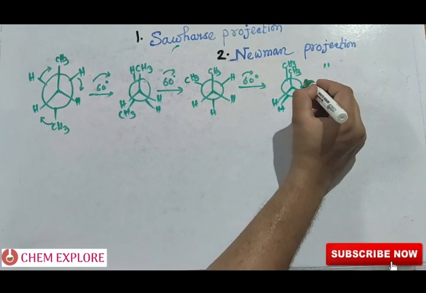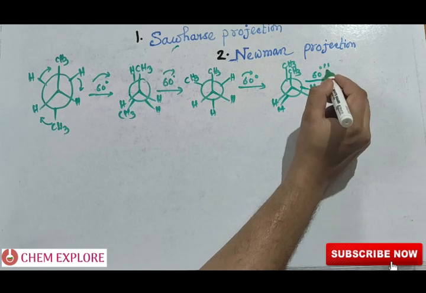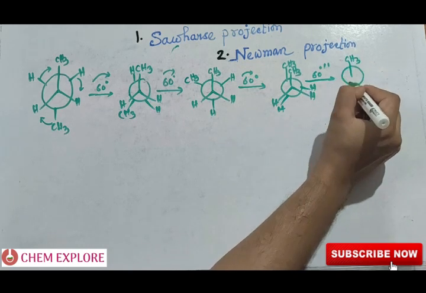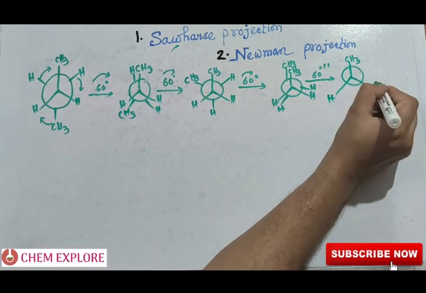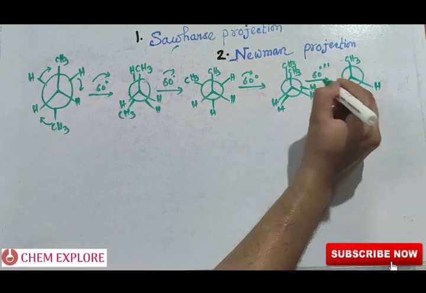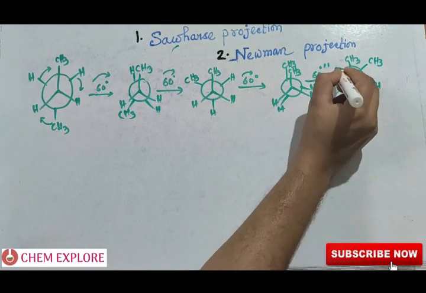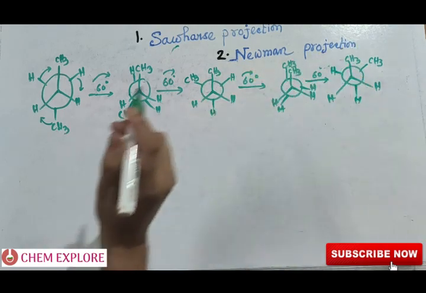Okay, if you rotate again 60 degrees, what will you get? Here CH3, this is a hydrogen, this is a hydrogen. So you have CH3, a hydrogen, and a hydrogen, right?